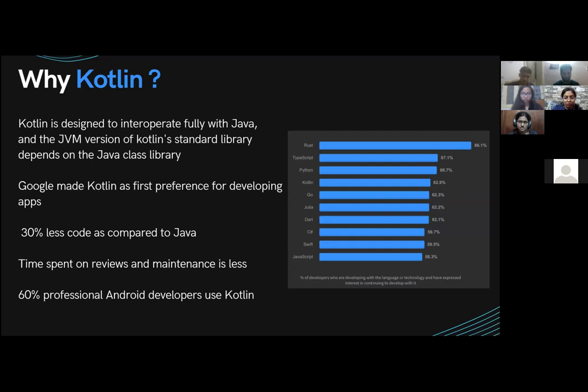Another big benefit of Kotlin is structured concurrency. Let me explain what it is. In an Android app, typically you will have a lot of background operations, like network calls or database operations, which you need to perform for the app to be running.